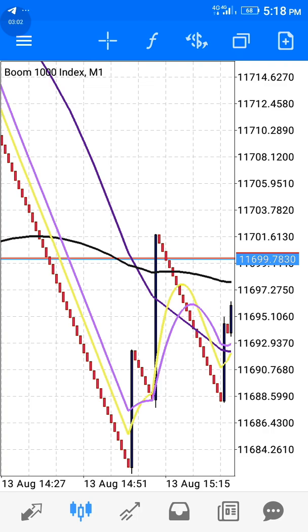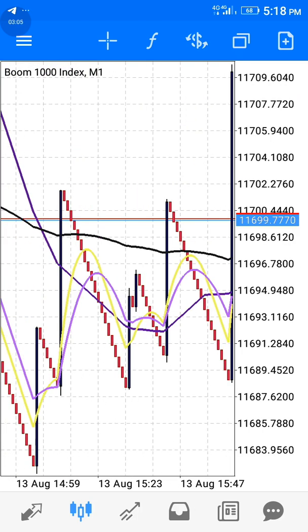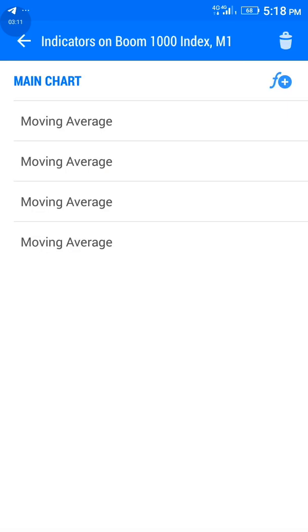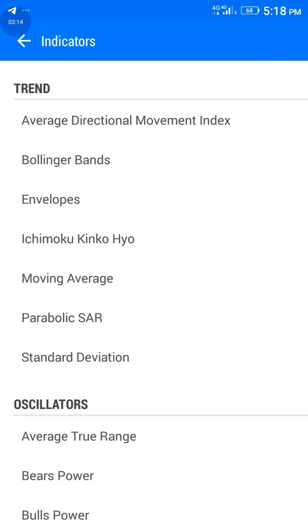So this is our main chart. Let's add another indicator to our indicator window 1.